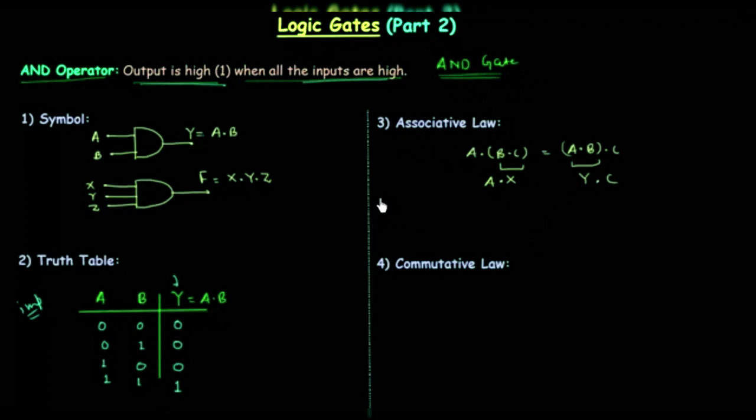So let's try to prove this. We will prove this with the help of one example. Let's say A is equal to 1, B is equal to 0, and C is equal to 1. First we will solve the left hand side, A and (B and C). A is equal to 1, B is equal to 0, and C is equal to 1. 0 and 1 is 0, so we have 1 and 0, and this will give us 0.